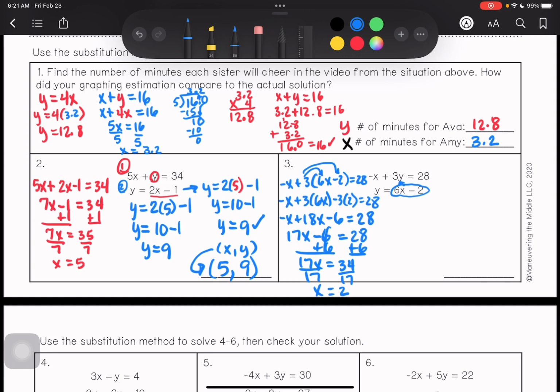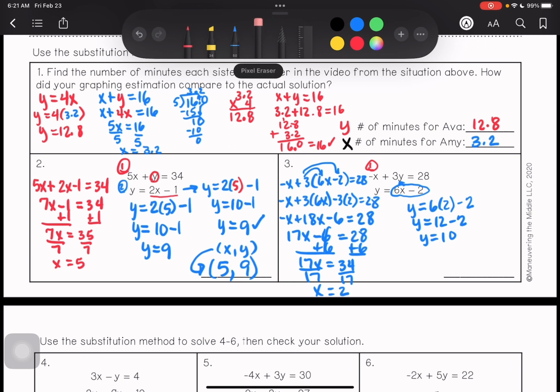Now we're going to substitute the value of x into the second equation to find y. So we have y equals 6 times 2 minus 2. Y equals 12 minus 2. Y equals 10. So now I'm going to plug both of these values into the first equation to see if it's correct.